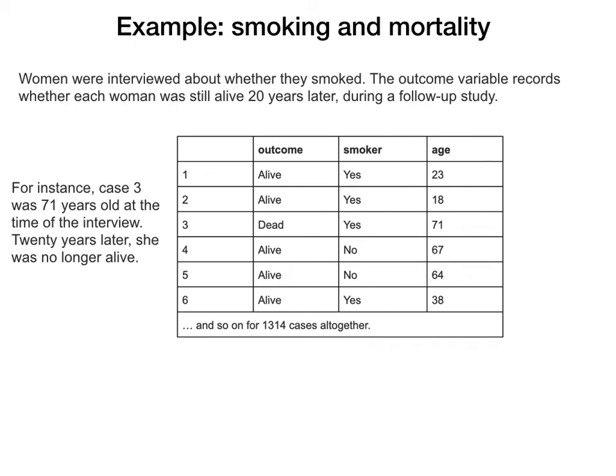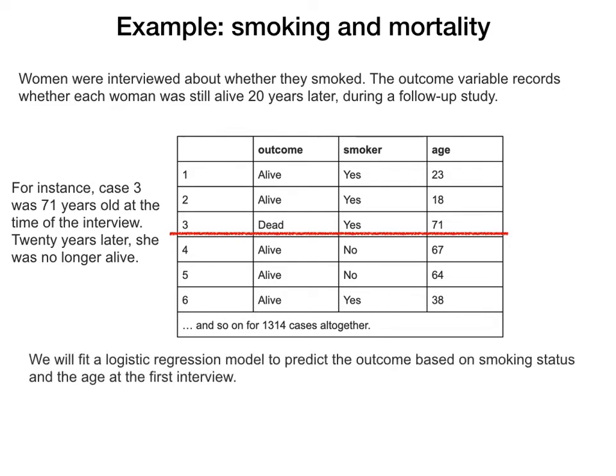So this is what the data looks like. We have the smoking status, yes or no, and then the age at the time of the first interview. We also have the outcome, dead or alive. So for example, in the third case, there was a woman who was 71 years old at the time of the interview, and 20 years later, the outcome was recorded as dead because she was no longer alive.